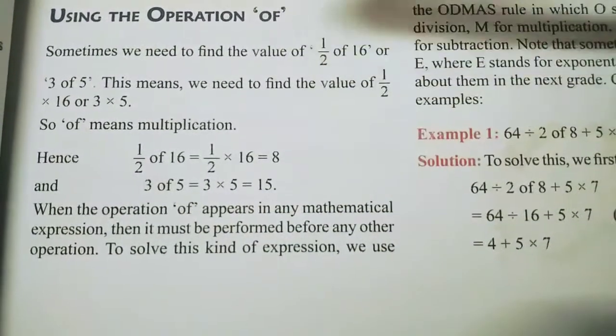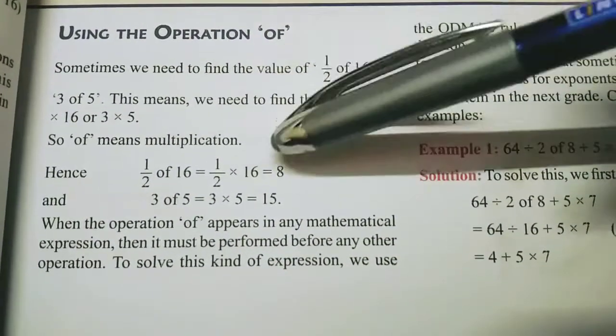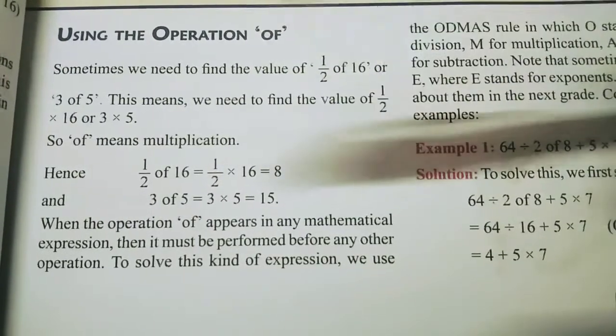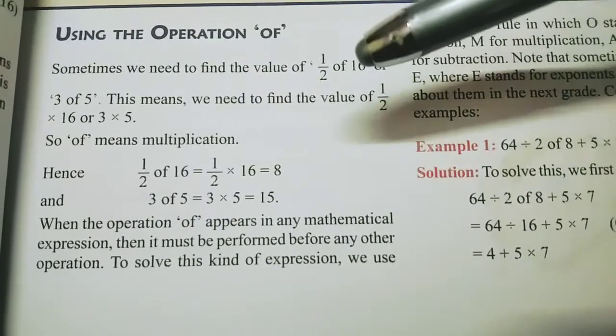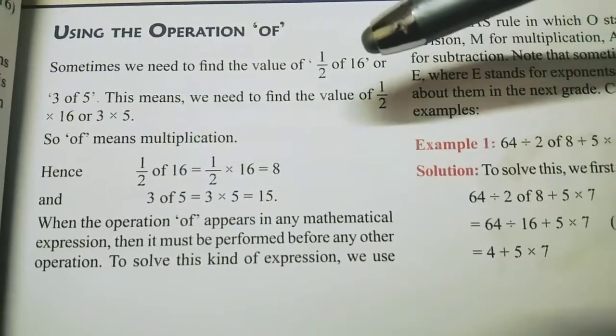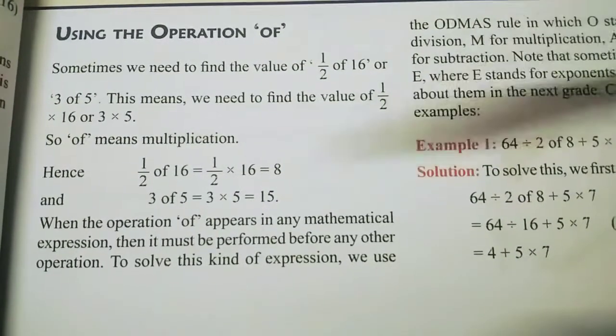When the operation of OF appears in any mathematical expression, then it must be performed before any other operation. Among all these operations, plus, minus, multiplication, division and OF, there are 5 operations. Among these 5 operations, you have to perform the OF operation first.